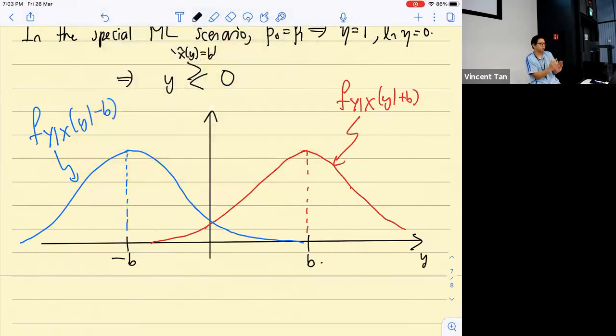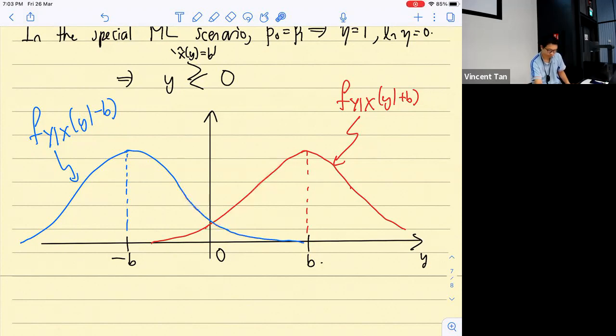So we have these two distributions, and as you can see here, in the maximum likelihood case, we are comparing whether y lies to the right or to the left. When y lies to the right, because I've drawn this in a beautiful way, then the red one is taller than the blue one.